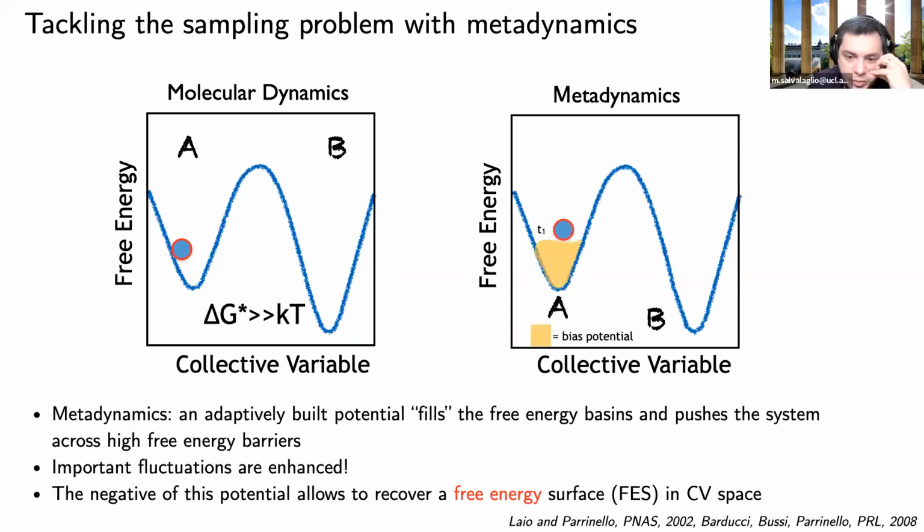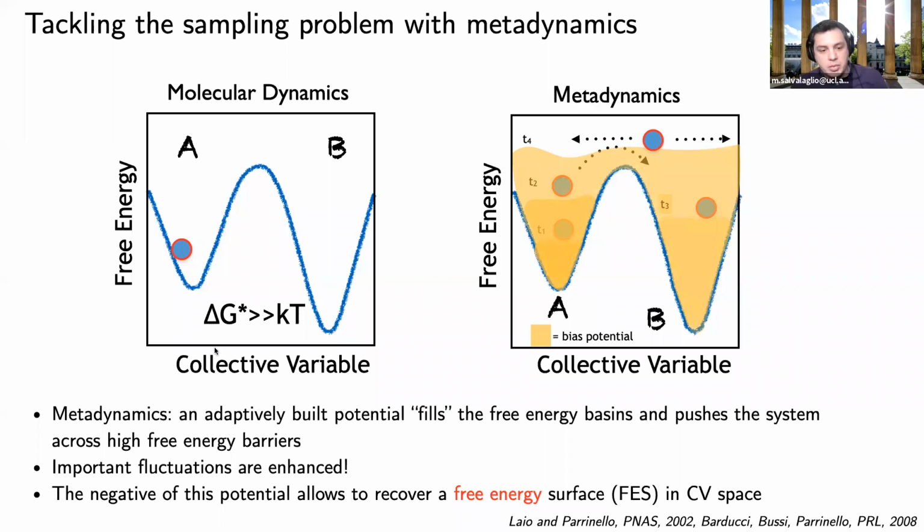Metadynamics does it by constructing an adaptive bias potential that increases the free energy of the state that we are sampling, and also increases the fluctuations of that particular state, and induces the exploration of the configurational ensemble for that particular system.